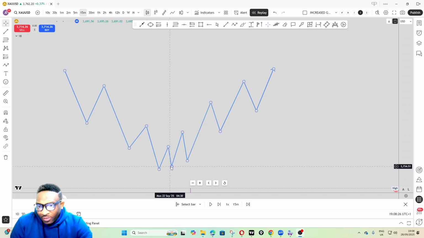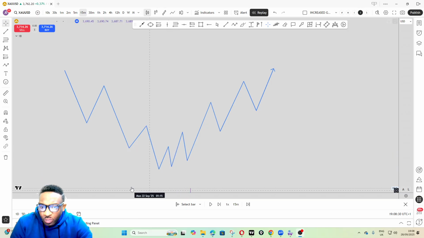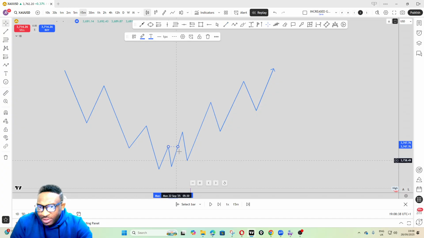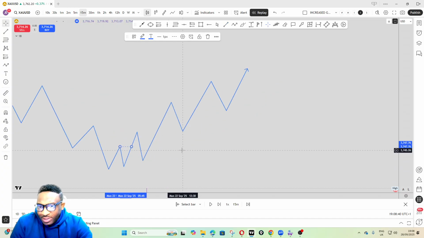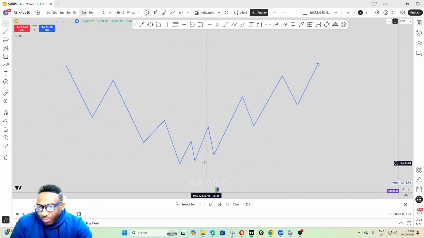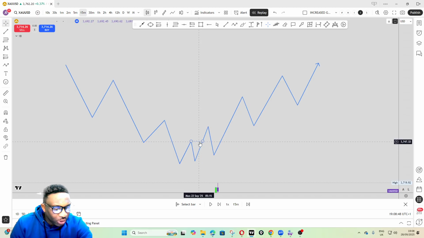So from this point on, we had price breaking this structure right here. What we are interested in is to trace this back to the origin where price started from to cause this change of character or break of structure, whichever one you call it.